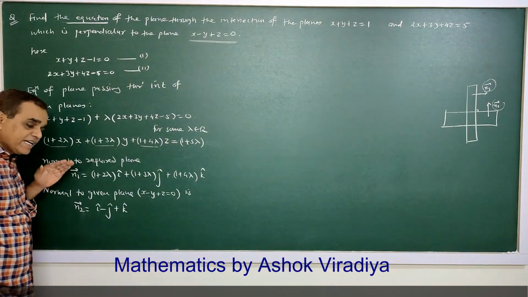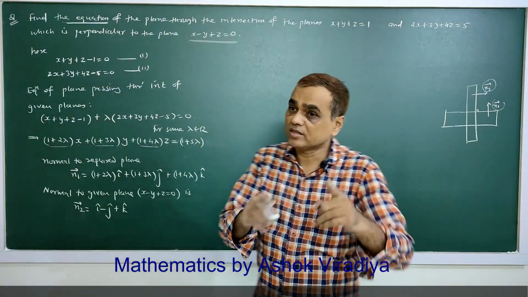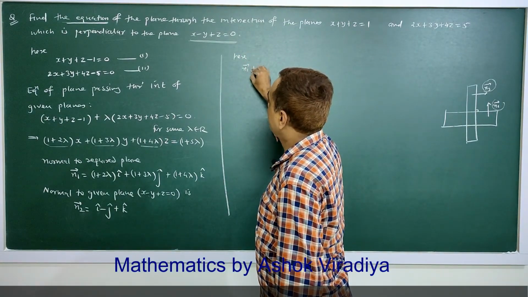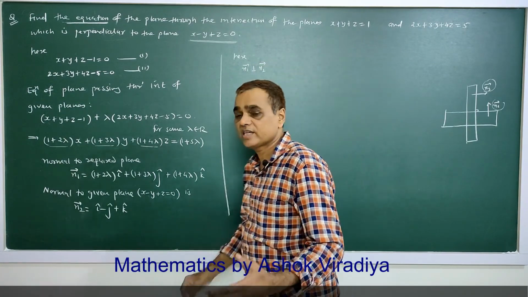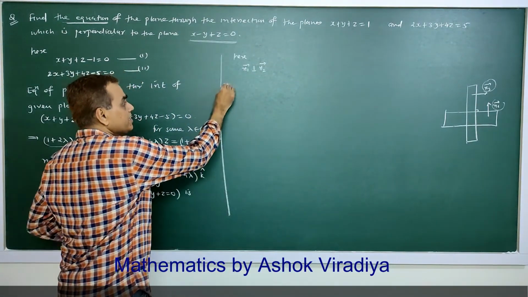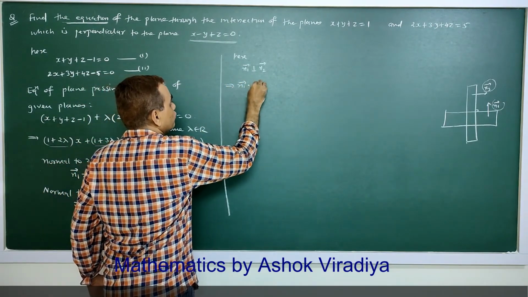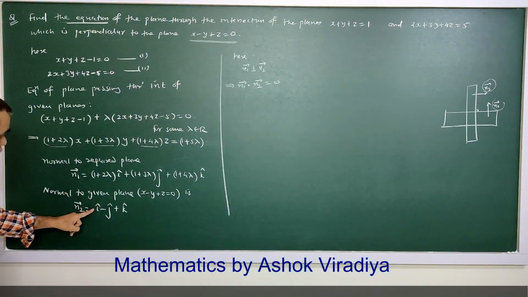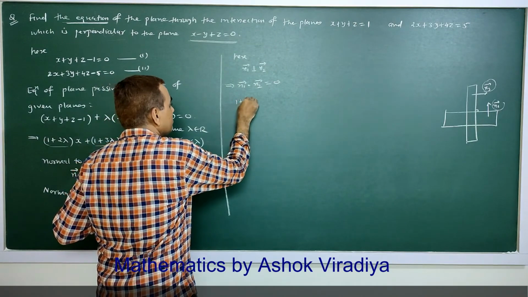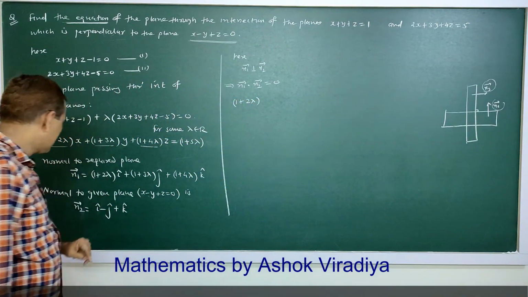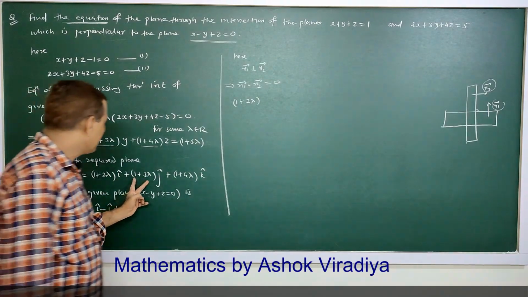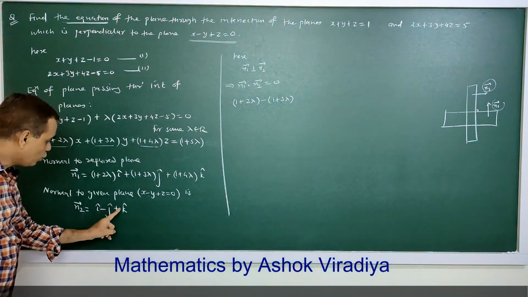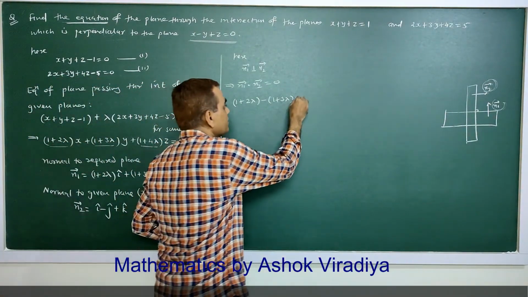But the required plane and the given plane are perpendicular. So here the dot product of n1 and n2 will be 0 because they are perpendicular. So n1 dot n2 is 0. Now taking the dot product of these, 1 into 1 plus 2 lambda is 1 plus 2 lambda, plus minus 1 into this, that is minus 1 plus 3 lambda, plus 1 into this, 1 plus 4 lambda.